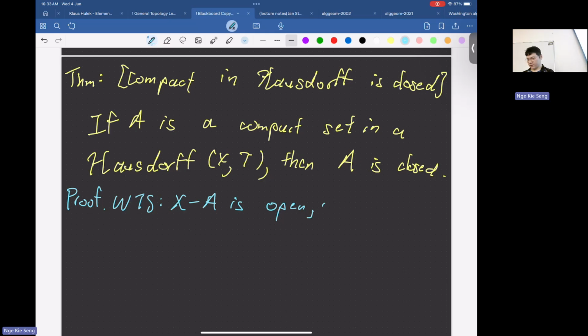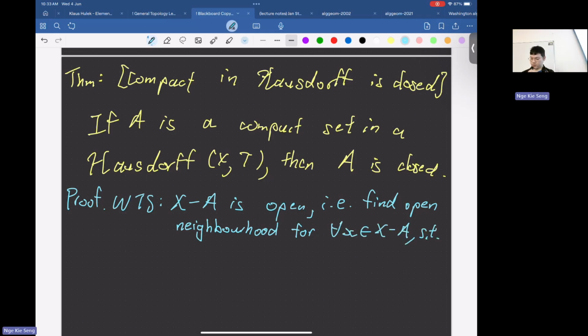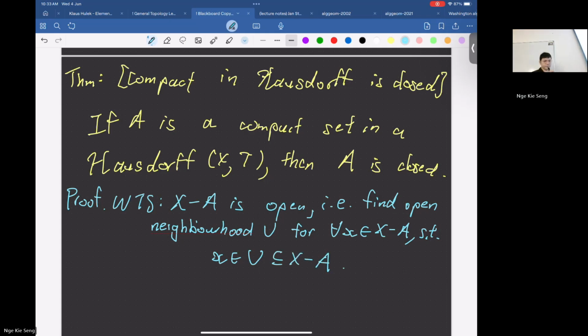So find an open neighborhood U for x such that x is in U, and U is in X minus A. Let's draw some picture.